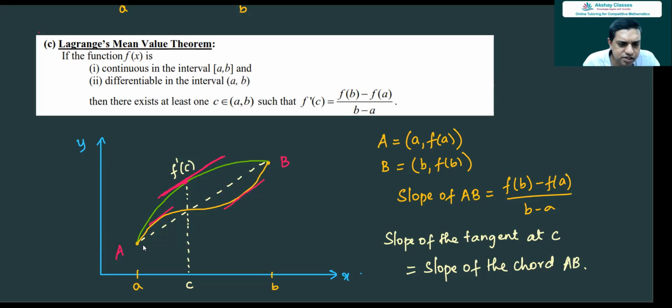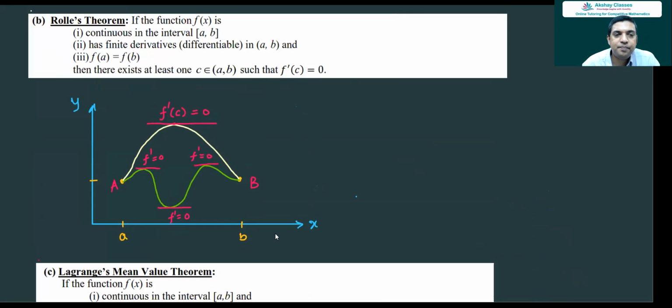Now Rolle's theorem is just a special case of the mean value theorem, where f of A and f of B are equal. Let's go back to Rolle's theorem.